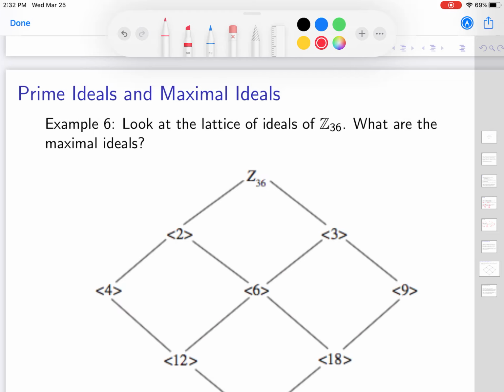So let's look at the lattice of ideals for Z36. What are the maximal ideals? Well, when we're looking at our lattices, we're really asking which ones are at the top.